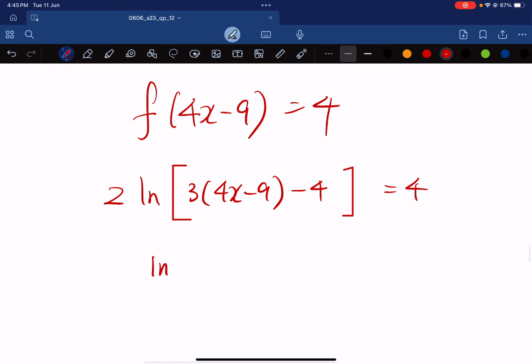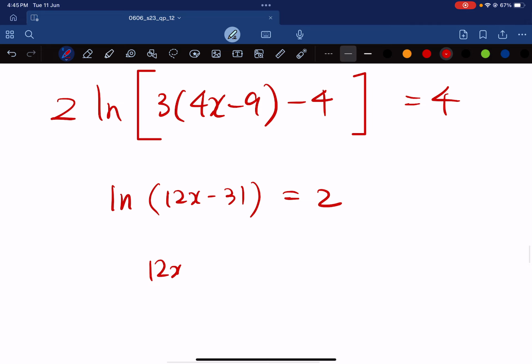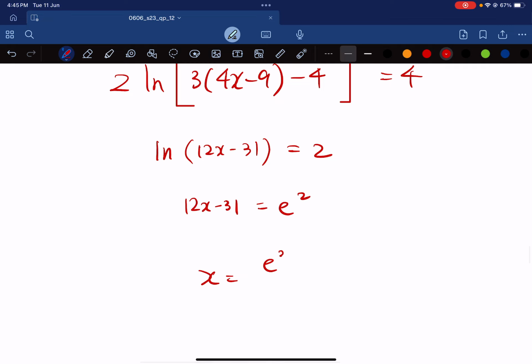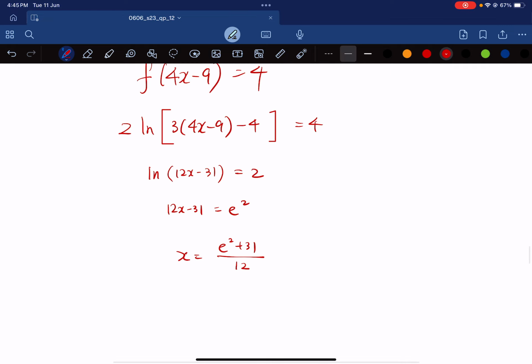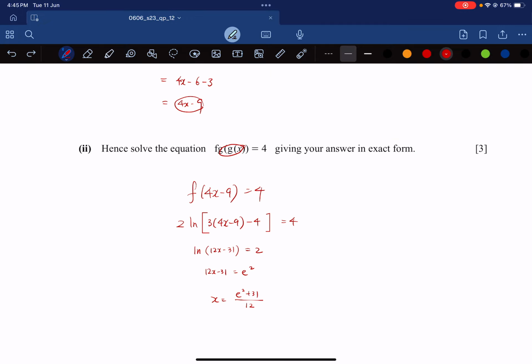So ln(12x, 3 minus 9 is negative 27, negative 27 minus 4 is 12x minus 31) equals 2, right? Yes. So 12x minus 31 equals e to the power of 2. So x will equal (e to the power of 2 plus 31) divided by 12. Okay, it should be exact form, so leave your answer in exact form.